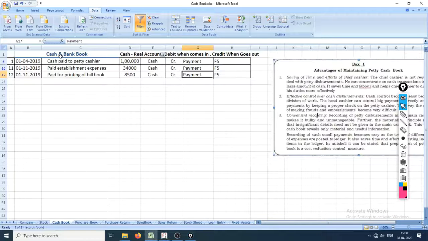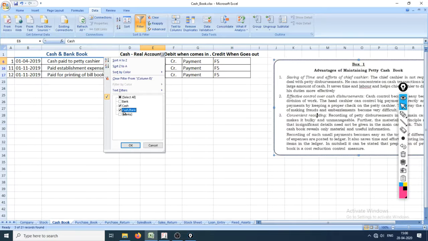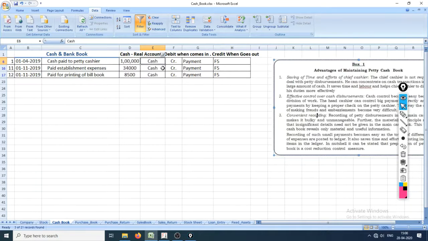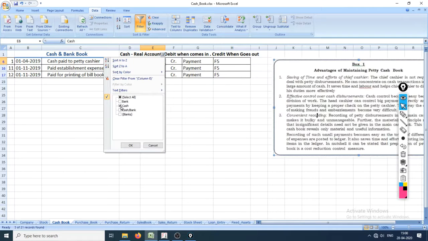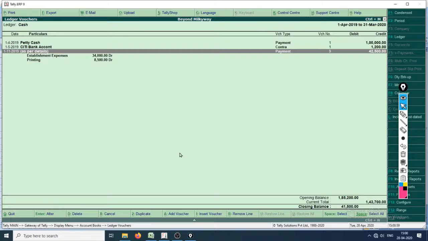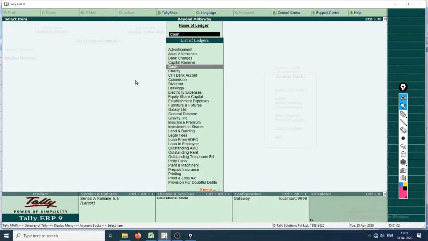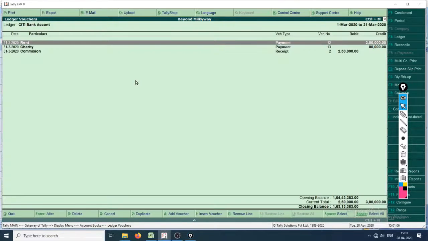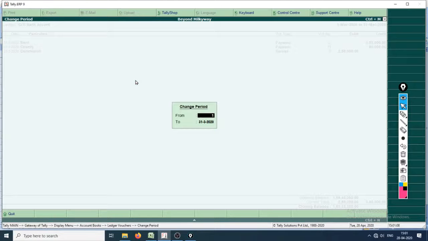And this right here is a contra entry, so I'll be choosing cash and bank also. It doesn't matter. You got the gist, right? Let's choose bank now and open the bank account. Escape and go to, what was the name of our bank? It was Citibank.